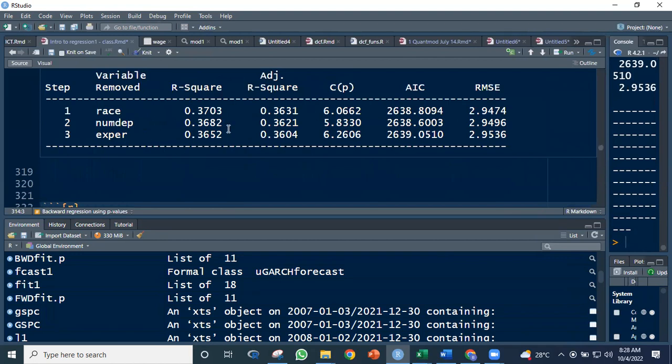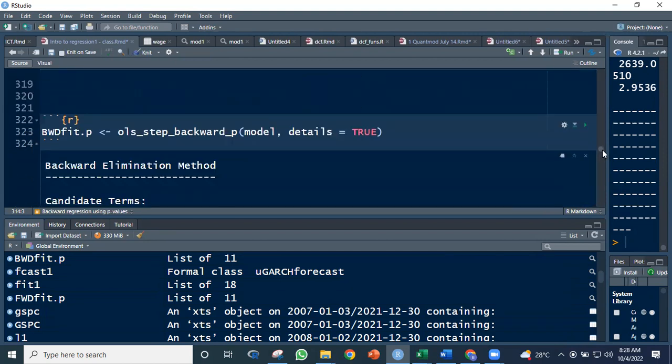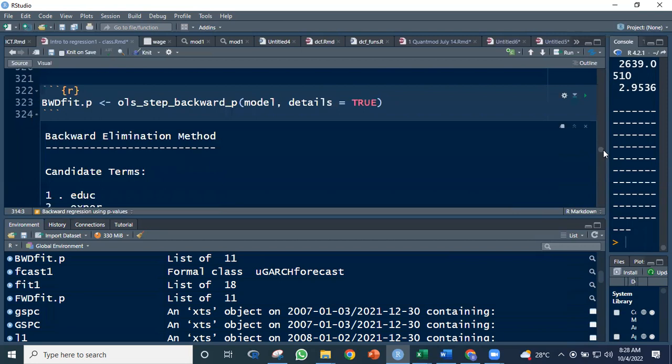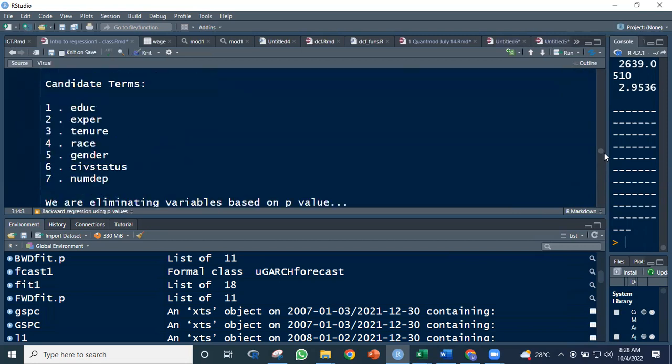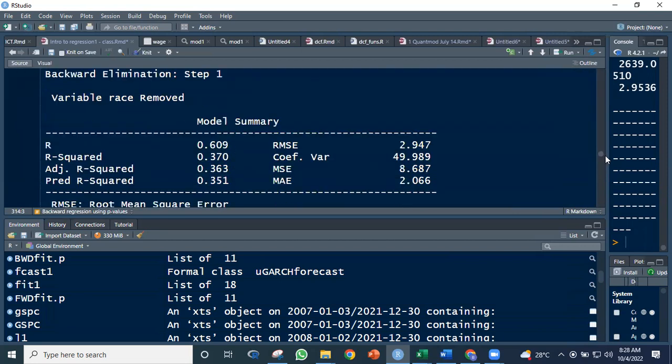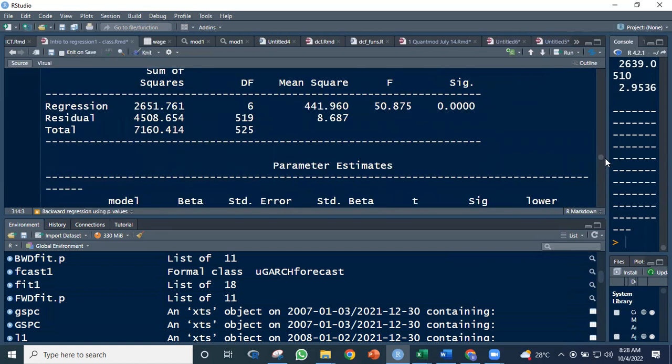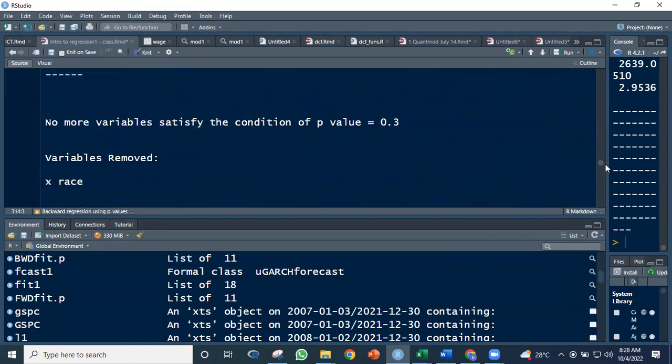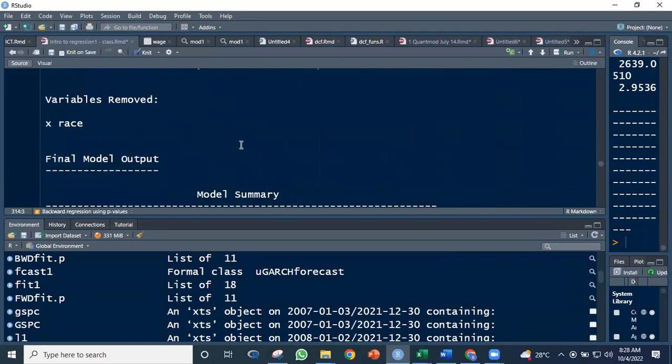Here, it summarized. First, remove the race, then number of dependents, then the experience. Okay, backward elimination. Race first. Then, why variables race only?